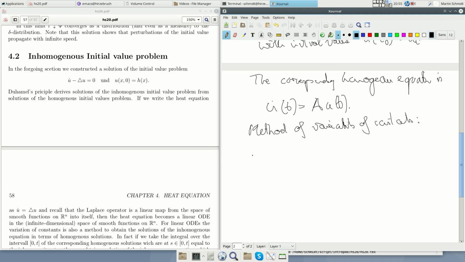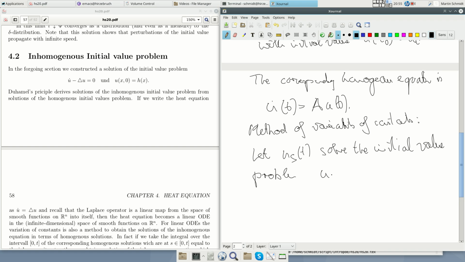Okay, the claim is, let us of t solve the initial value problem.